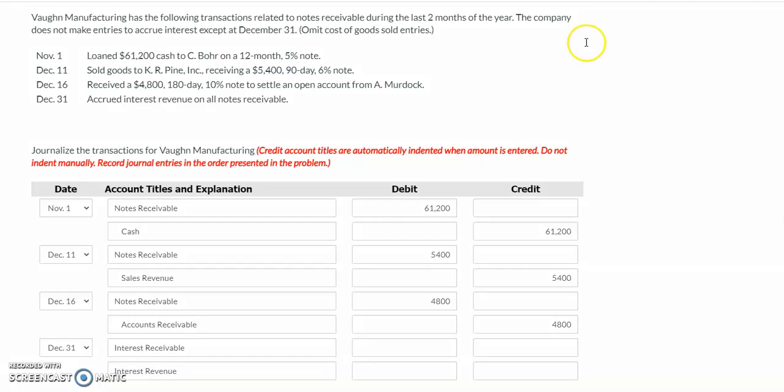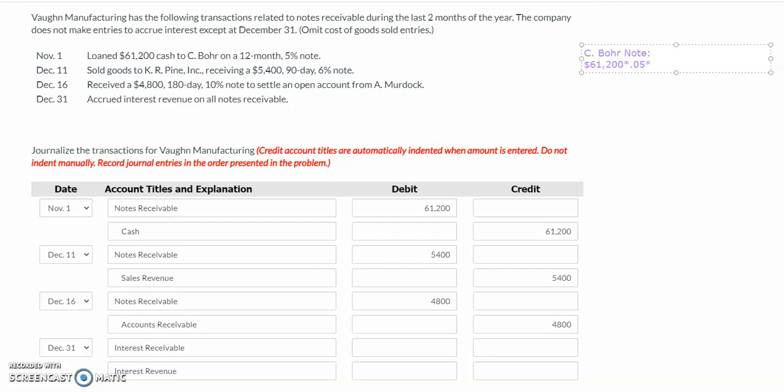So we have this first note from CBOR. And on this note, we're going to take the amount for the notes receivable, so $61,200. We're going to be multiplying this by the 5% interest rate on the note, so I'm going to multiply that by 0.05.